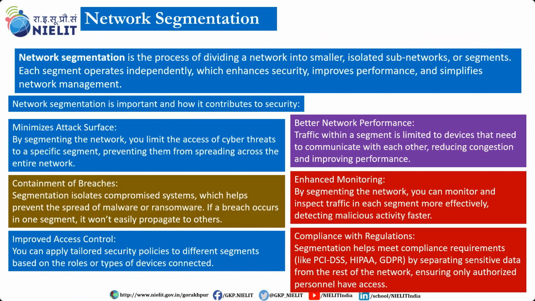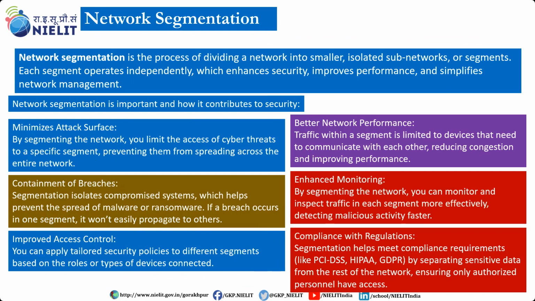Improved access control. You can effectively apply security policy at different segments based on the roles or types of devices connected. If you have 100 branch offices, you can effectively apply different rules for different branch offices.